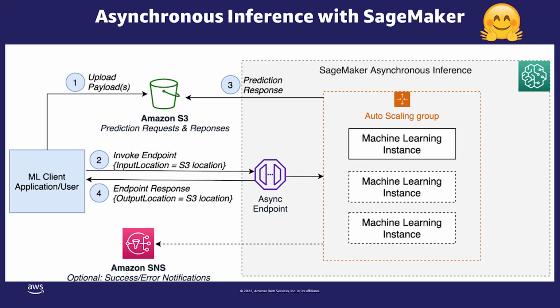Asynchronous inference supports auto-scaling and supports Hugging Face models. So if you're hosting Hugging Face NLP models, then consider asynchronous inference as an option for the managed queue experience. Basically, if you need a queue sitting in front of your SageMaker endpoint and you want all of that to be wrapped by AWS, then asynchronous inference is the way to go.